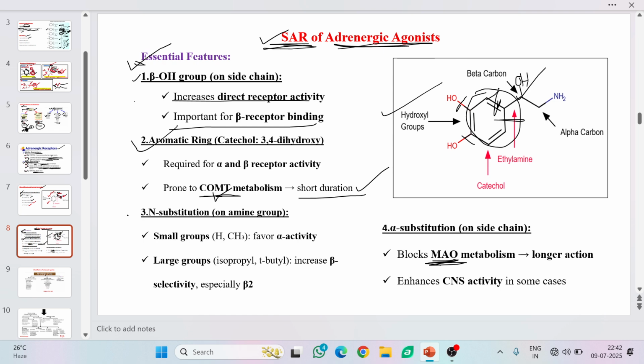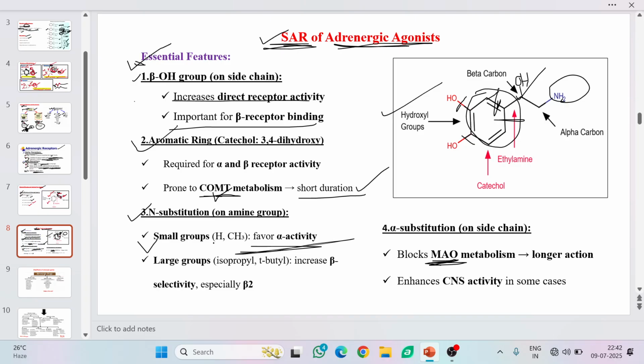Then coming to the third, N substitution. Substitution at this amine may lead to various changes in the drug. For example, substitution of a small group, like hydrogen or CH3, favors alpha activity.